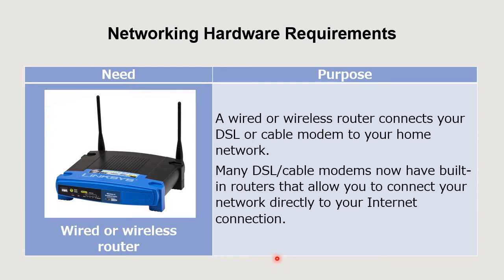That is why others are confused with modem and router, because other modems already have the built-in router itself. But when we talk about the router, it is the device that connects your computers in a home network, while the modem connects to the internet.